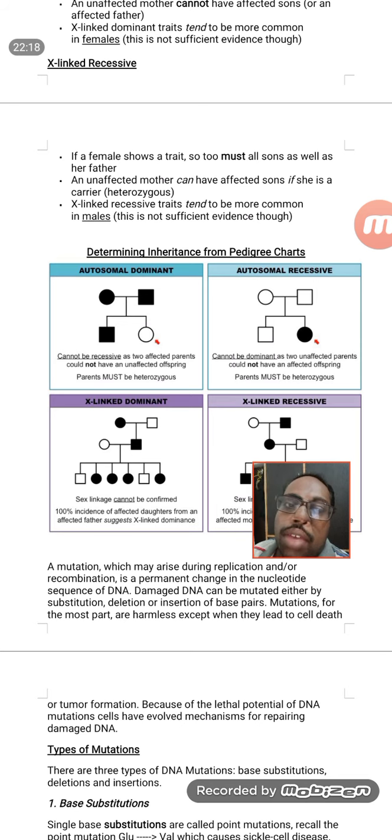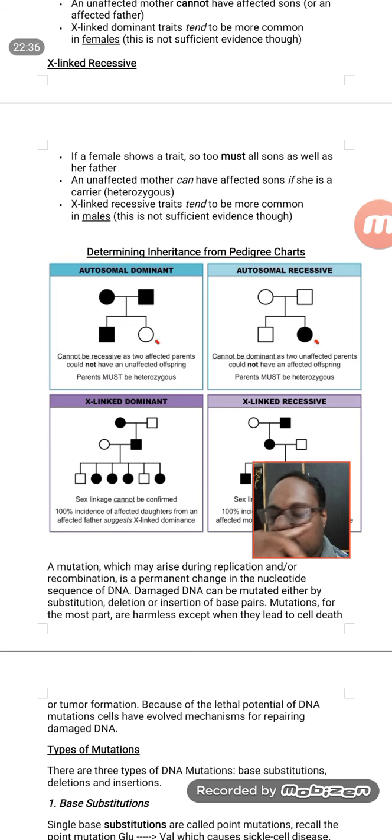So we know that we have autosomes and sex chromosomes, that is 44 autosomes and 2 sex chromosomes, X and Y, which makes 46 with XY or XX.